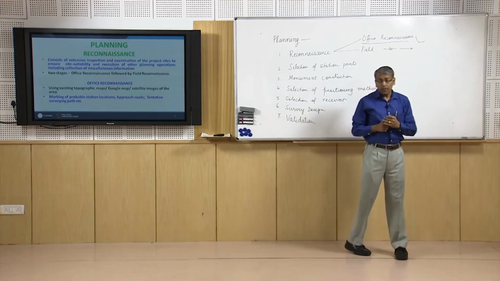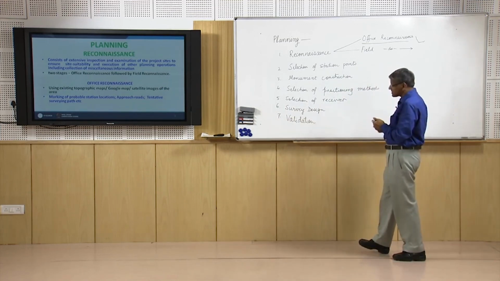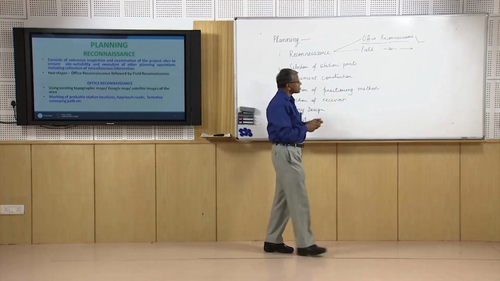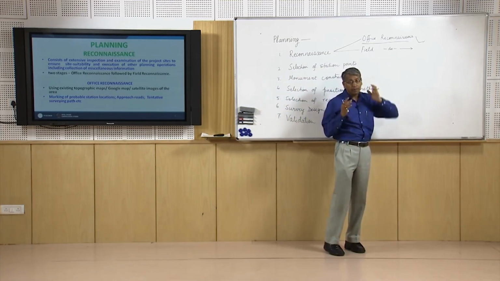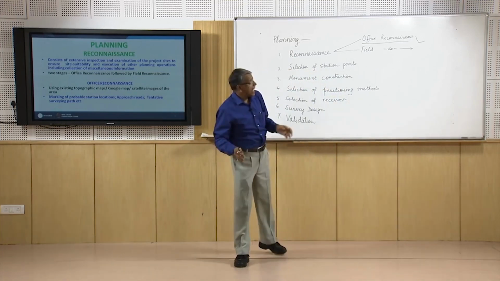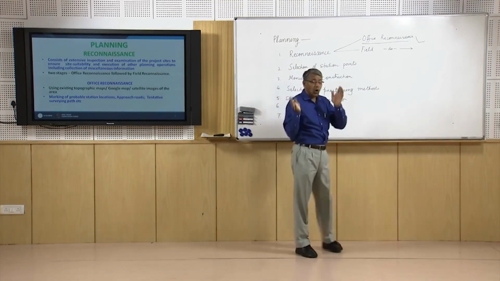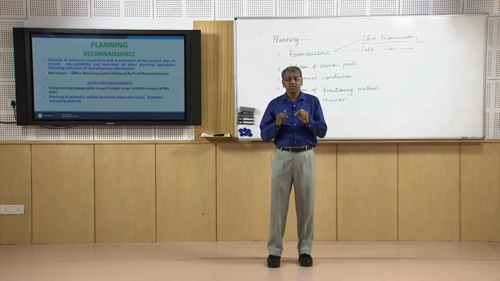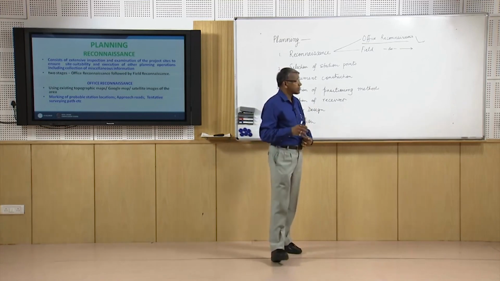Now during field reconnaissance, the most important thing is to identify the actual location of the probable stations which have been marked in the base map, and then we should go to the field and find out whether those stations are really suitable for GPS surveying or not.